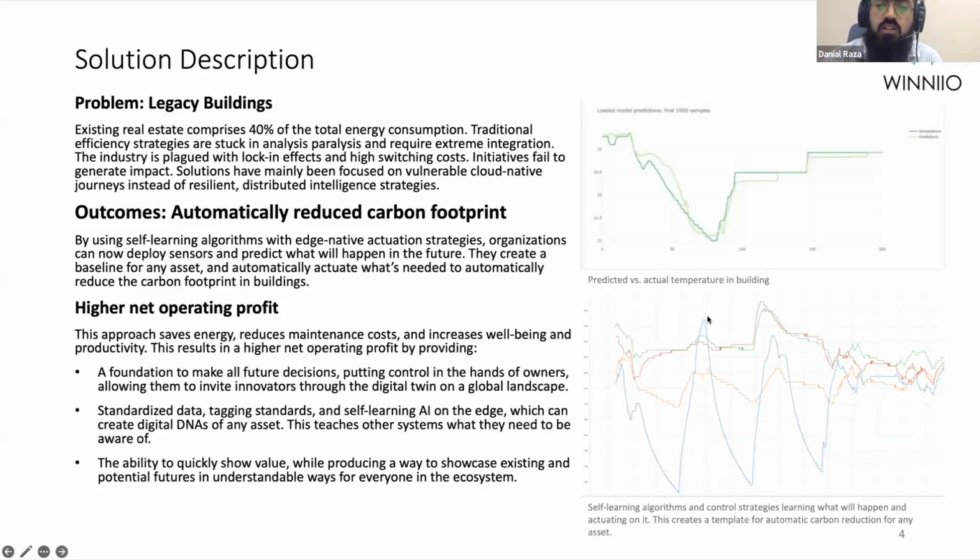The larger the curves, the more water is flowing through it and the more fluctuations are happening. When we introduce AI, within a week or two, AI could start regulating and it's not fluctuating that much, which means the system is stabilizing. It has found that sweet spot of the radiator where the temperature stays constant, and it knows when to make those changes in order for that to be constant throughout the day.